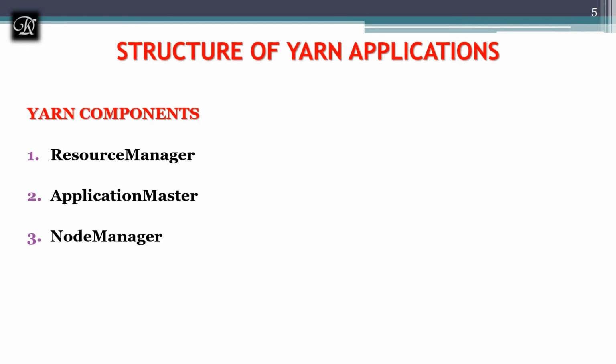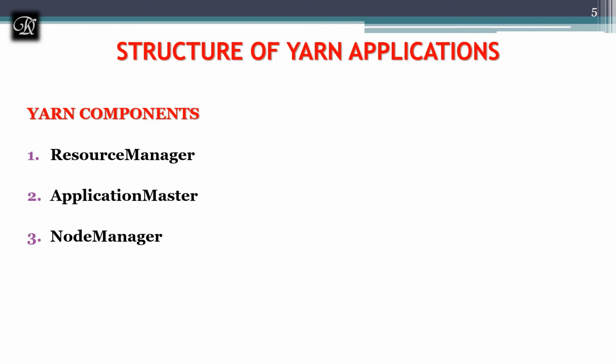Yarn has mainly three components. One is the resource manager, the second is the application master, and the third is the node manager. We'll see what these are. The resource manager is the master. It runs several services, including the resource scheduler. The second one is the application master. It negotiates resources for a single application.